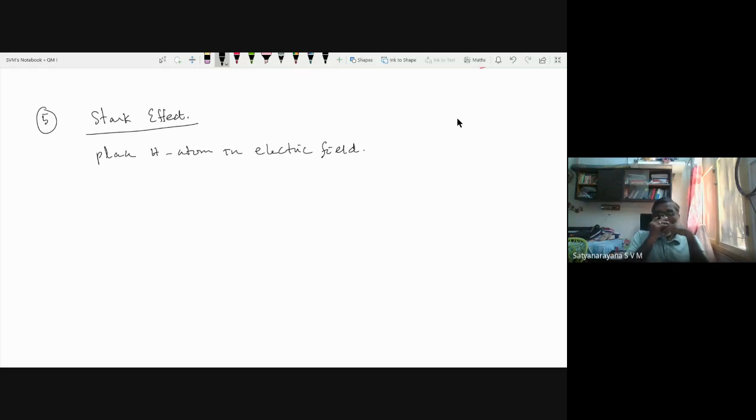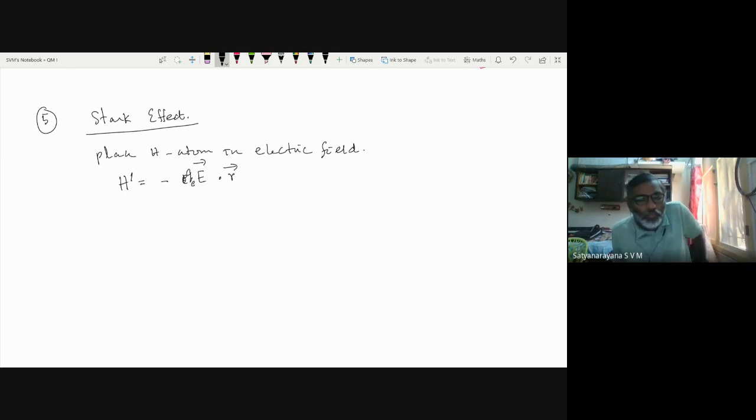Okay, so then what happens? Your perturbation Hamiltonian H prime will be basically minus QE dot R. So this is your perturbation Hamiltonian.